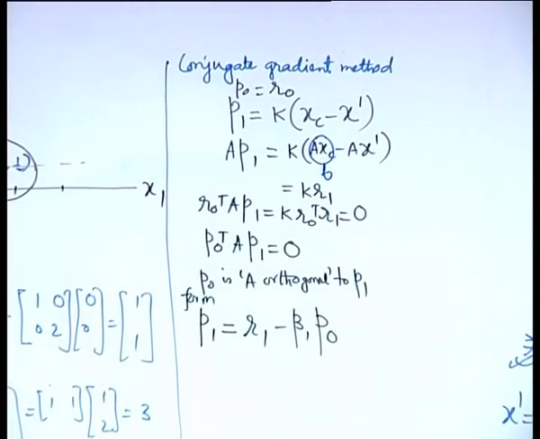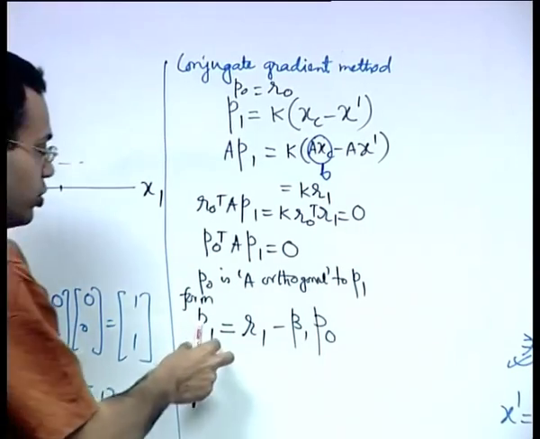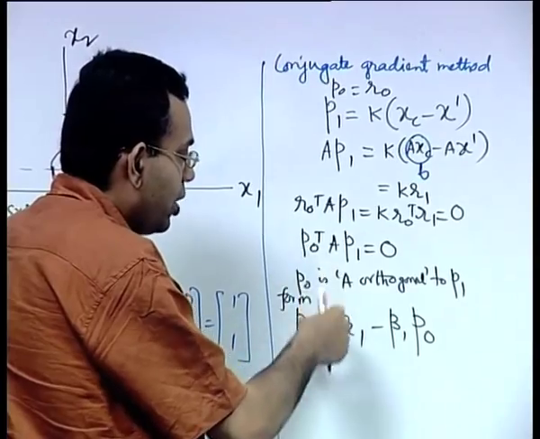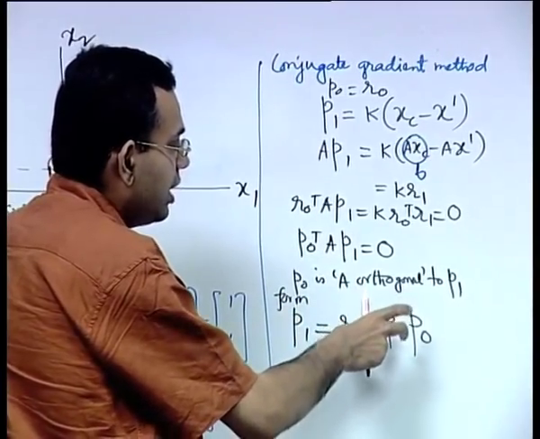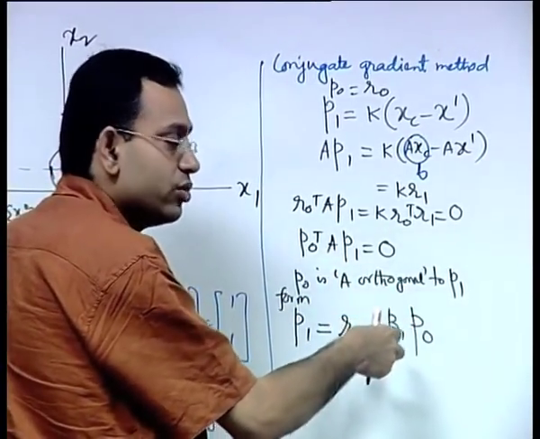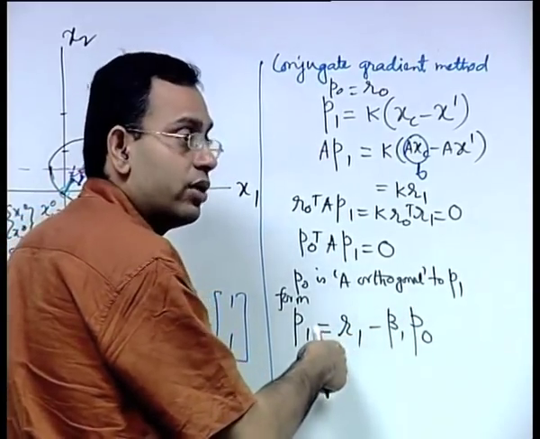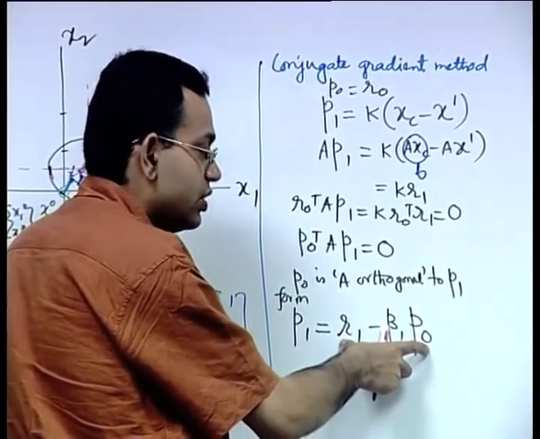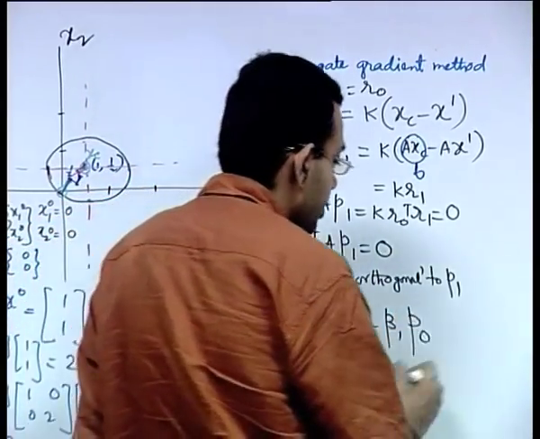The whole purpose is that you are going to have a new direction. This new direction you can form by taking help of some known directions. Known directions till now are r0 and r1. r0 is the same as p0. So you make it a linear combination of these two, and this is known as the Gram-Schmidt conjecture.